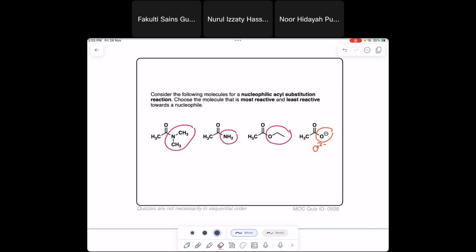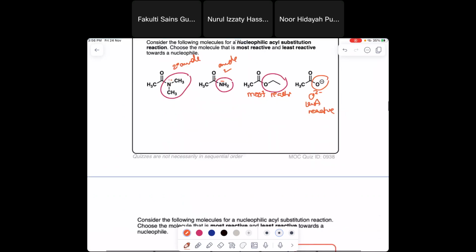Okay, so daripada imide kat sini, ni secondary imide, ni boleh kata electron-donating group lah kan, lagilah kurang reaktif berbanding dengan NH2. So ni dengan ni, yang ni lebih menang, tapi ni dengan ni, of course this is the most reactive, this is the least reactive.